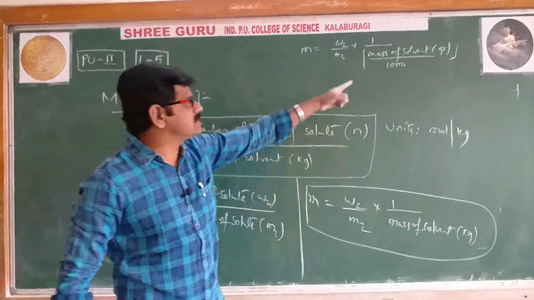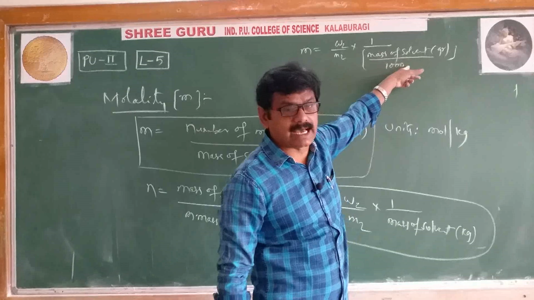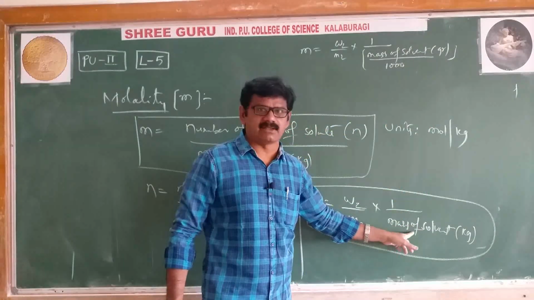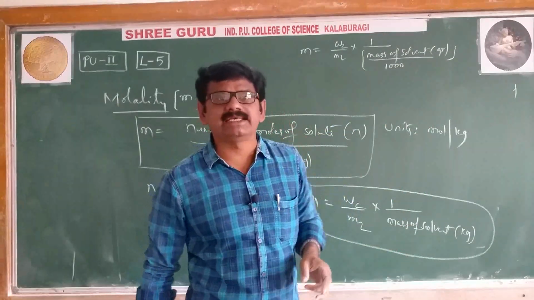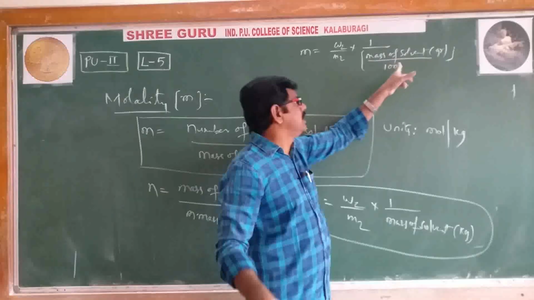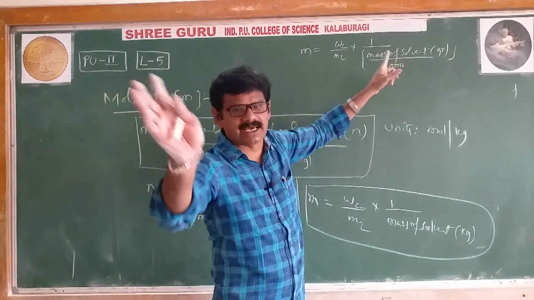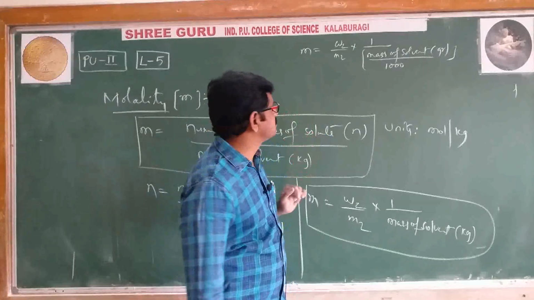When we are dividing by 1000, what does this mean? It means we have converted into kilograms again, because the mass of solvent should always be in kilograms. Suppose grams are given, we have to divide by 1000, and automatically it will convert into kilograms, right?